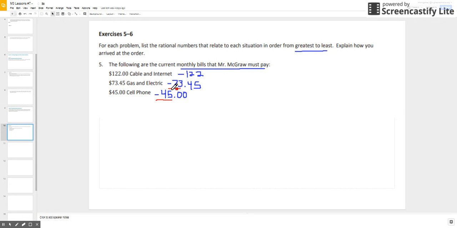The smallest negative, negative 45, is the biggest number, so negative $45 comes first. Then negative 73.45 comes second. And the last one, the biggest negative, is the negative 122 cable bill.